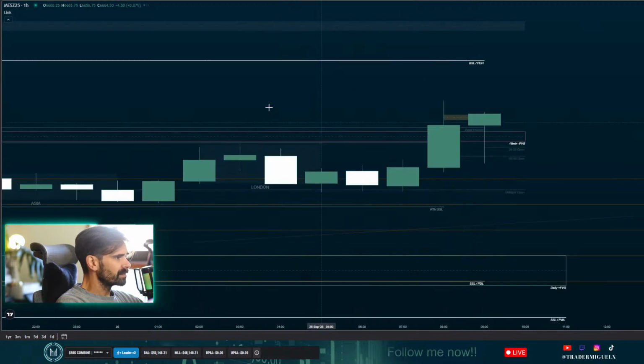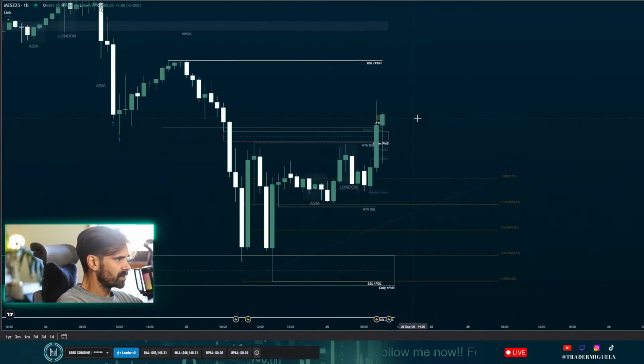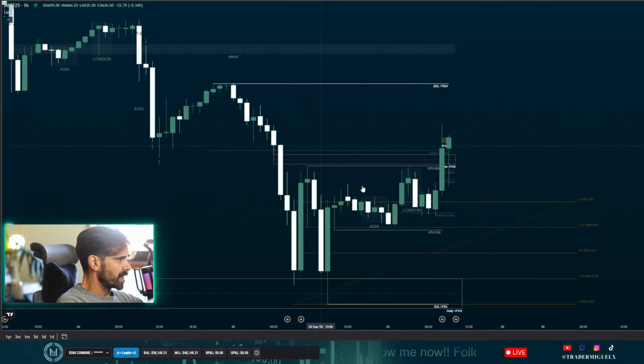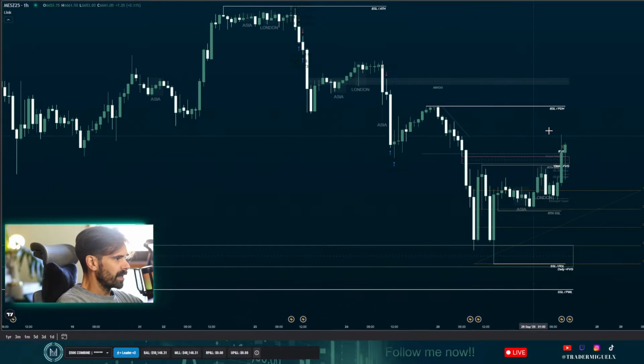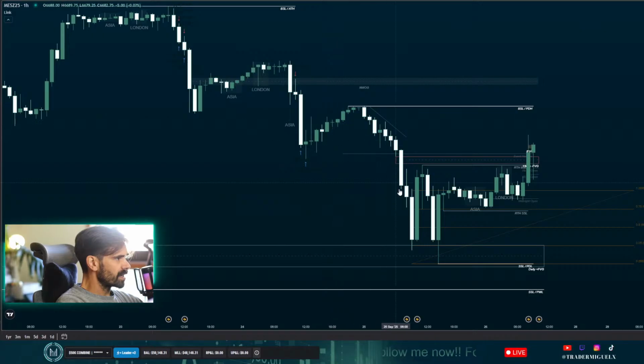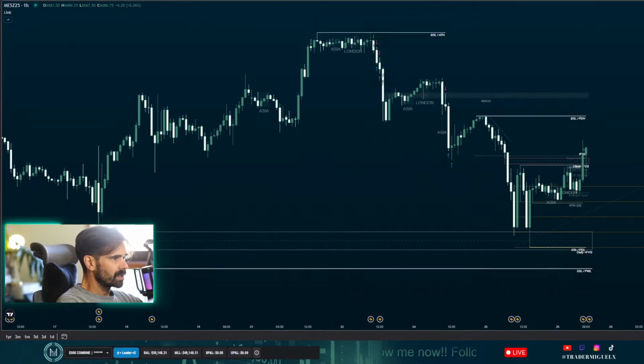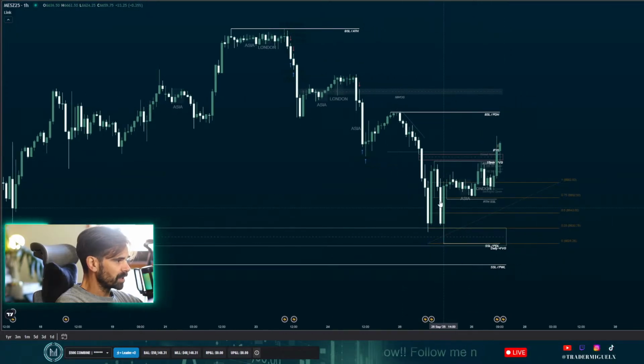But honestly, looking into it, we have some trend line liquidity here on the 1 hour as well. As you can see, this trend line liquidity. We had some sort of market maker sell model here, then we manipulated down.